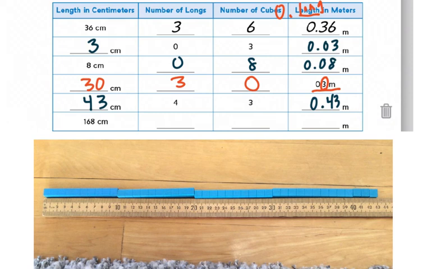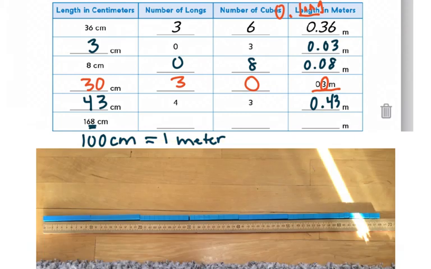And lastly, 168 centimeters. Well, the first thing I know is as soon as I have 100 centimeters, I already know that equals 1 meter. So now I'm just going to go ahead and put down the 68 because I know that 100 of those already equals a meter. All right, take a look at where those 68 ended up.